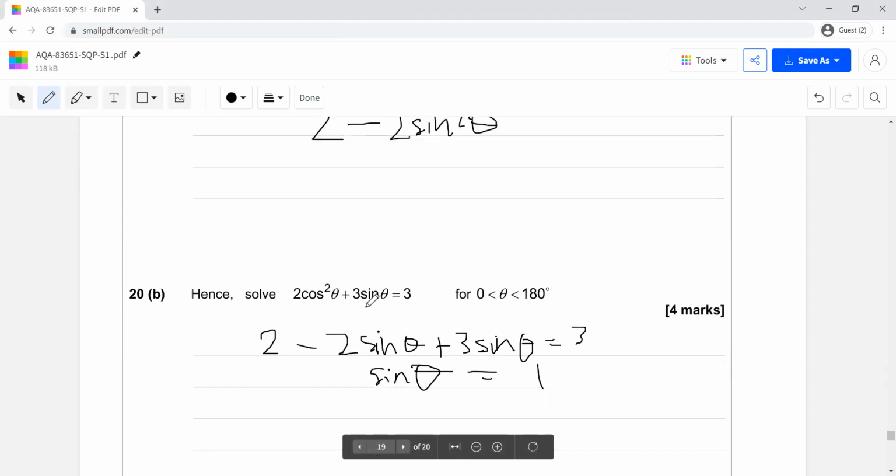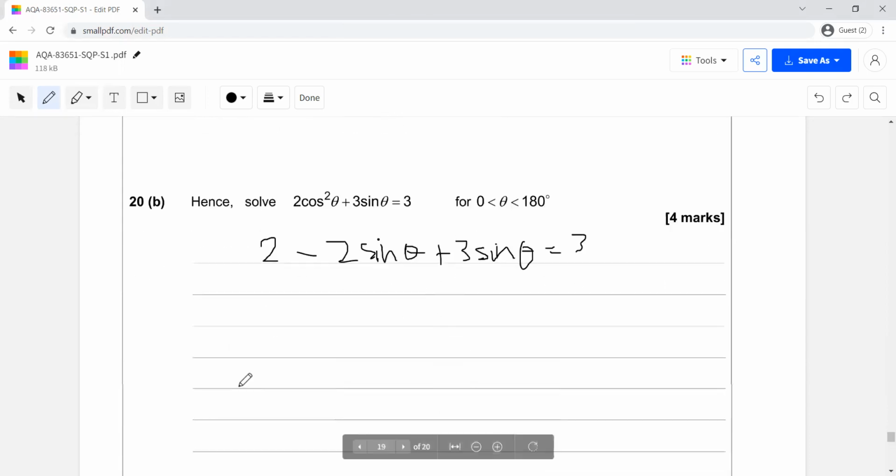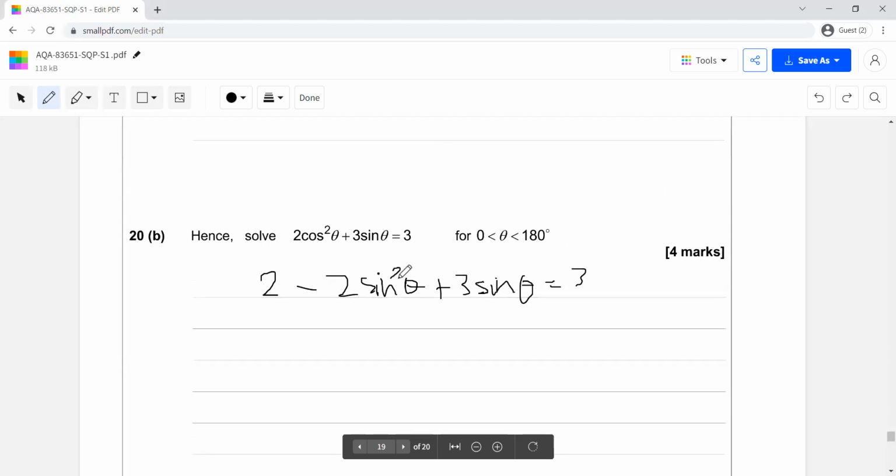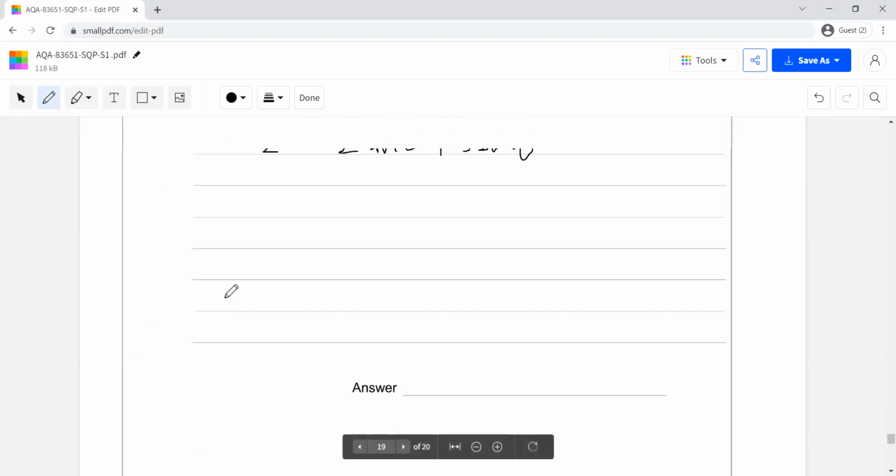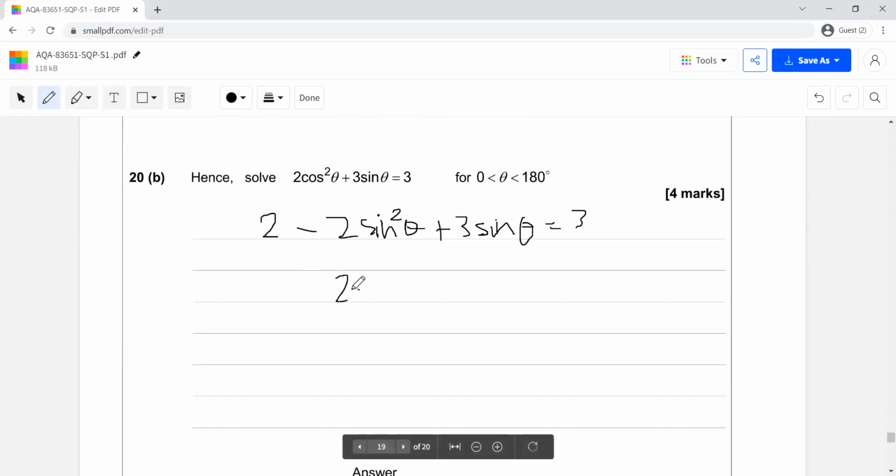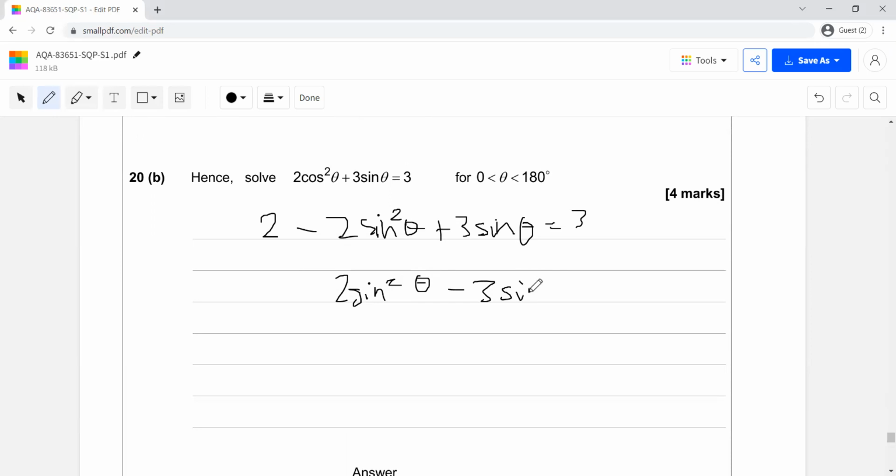Hold on, this is 2. I made a mistake here. I meant minus 2 sine squared theta. So we have that 2 sine squared theta minus 3 sine theta plus 1 is equal to 0.